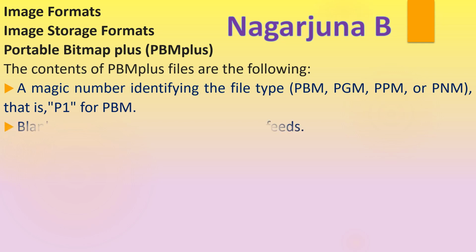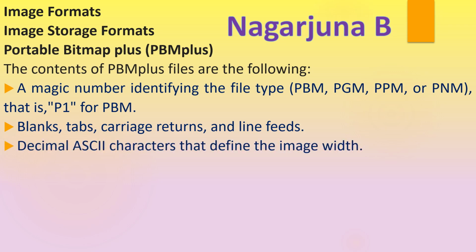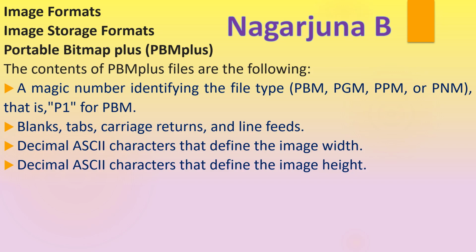And the second one is blanks, tabs, carriage returns and line feeds. Then the next content in a PBM Plus file will be decimal ASCII characters that define the image width, and the next content is decimal ASCII characters that define the image height.